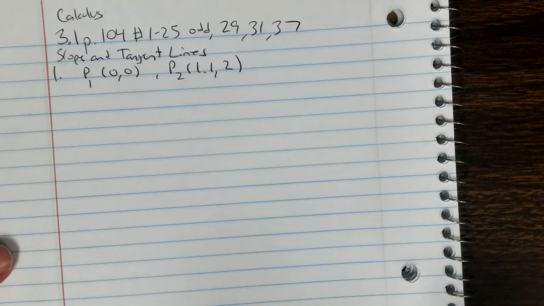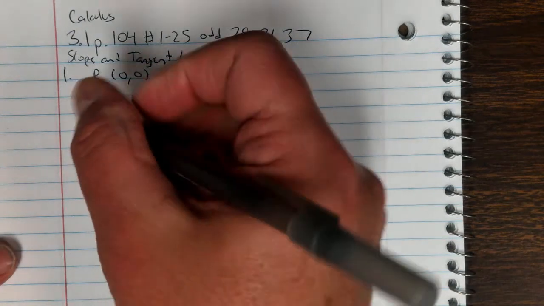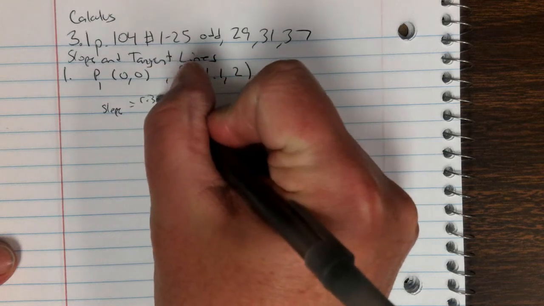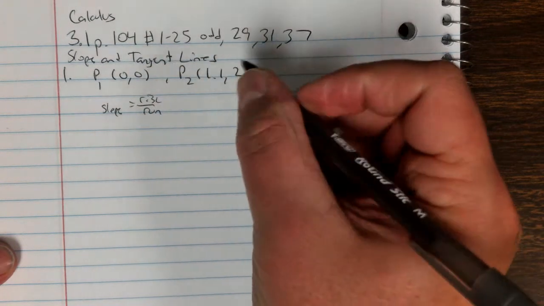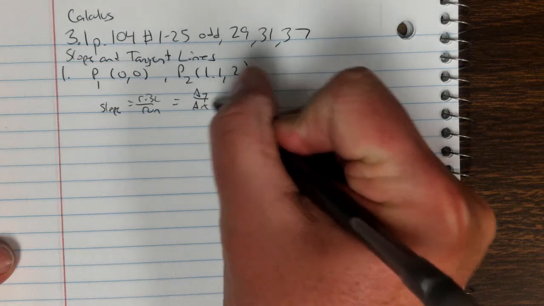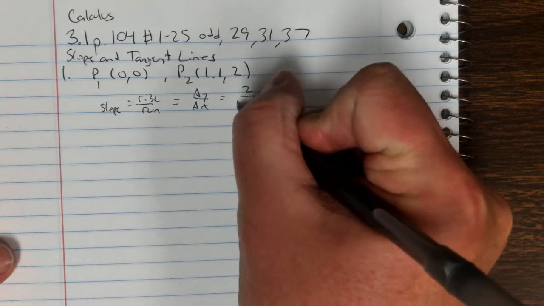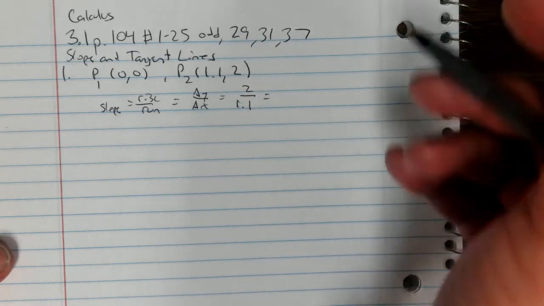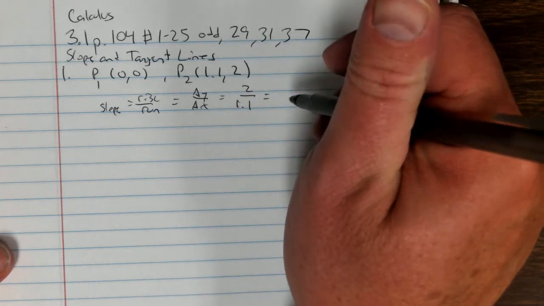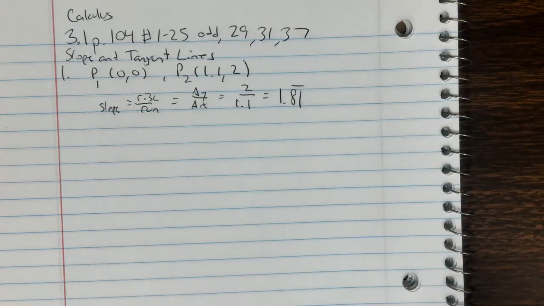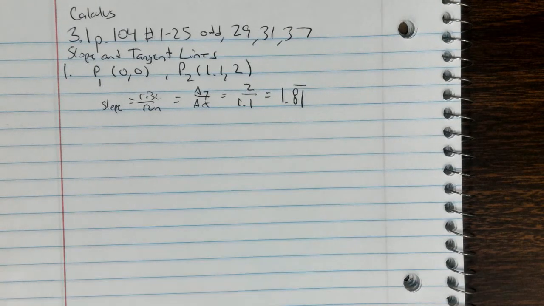So basically you're doing slope, so it's rise over run, and so that would be the change in y over the change in x, so that's 2 divided by 1.1. When you do that on the calculator, you get 1.81 repeating, so we just put 81 with a bar.